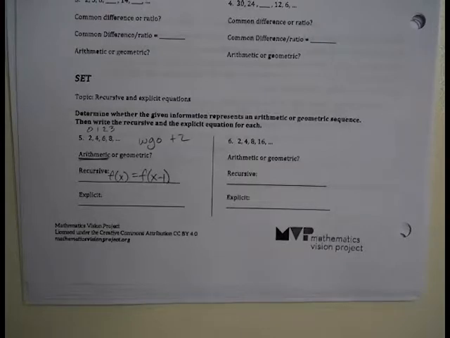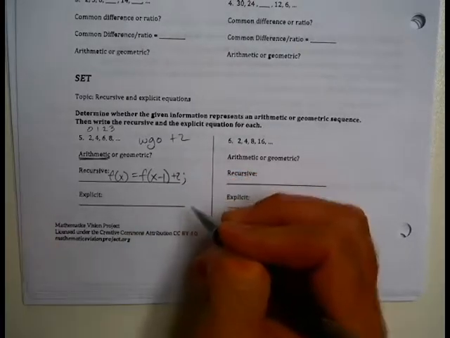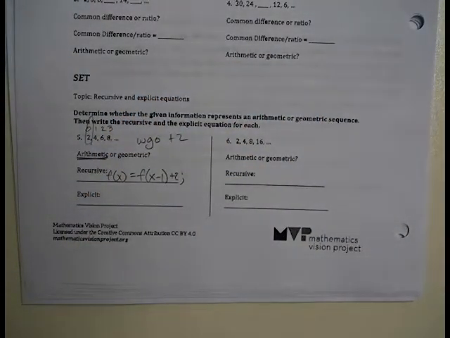So the recursive is going to look like this. What's f of x? It's the current term. It's the thing we're looking for. It equals the previous term. What do I have to do to the previous term to get to this term? I have to add 2 to it.